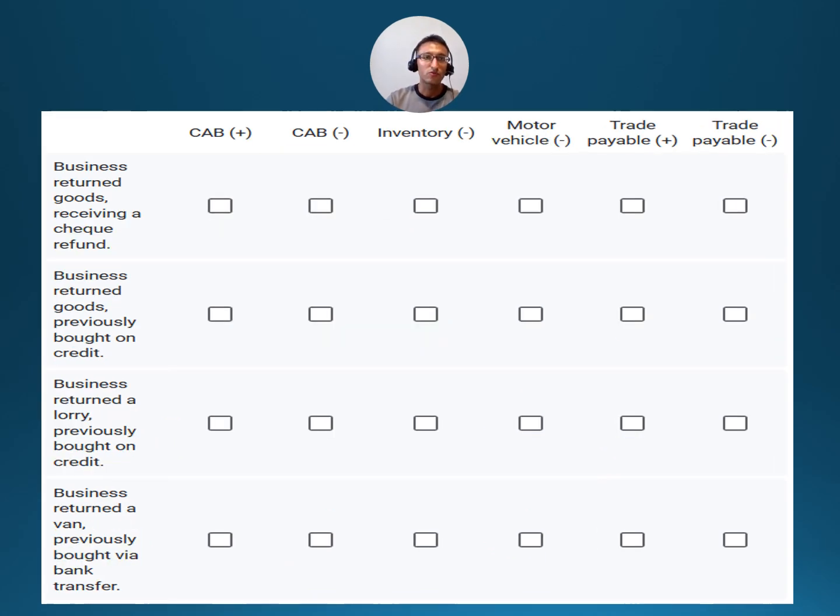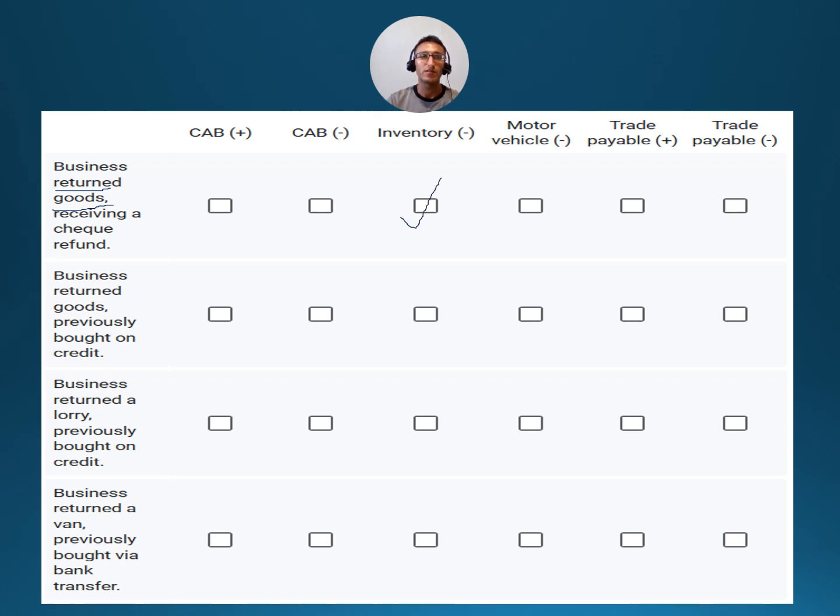Next, let's move on to more interesting scenarios where it gets a little more complicated, but we will still analyze these transactions together. In the next transaction, the business returns goods. So when they return goods, the business has fewer goods, so they have less inventory.